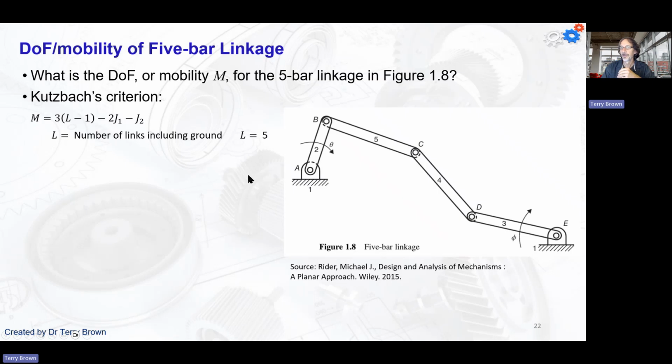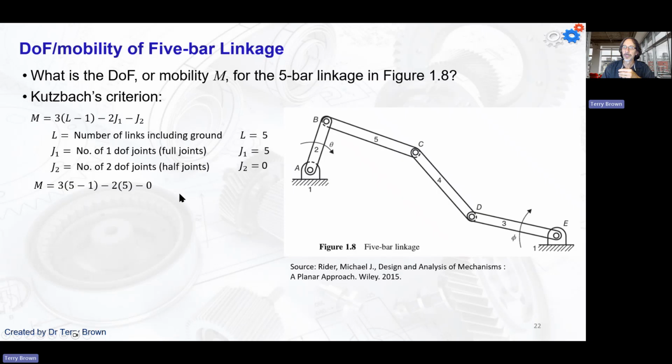Number of links is 5. Count up the number of joints. Again, should be pretty easy. We've got 1, 2, 3, 4, 5. No half joints. Put that into Kutzbach's criterion, and we get a mobility of 2, which tells us that we need 2 inputs to fully control the motion of this mechanism.